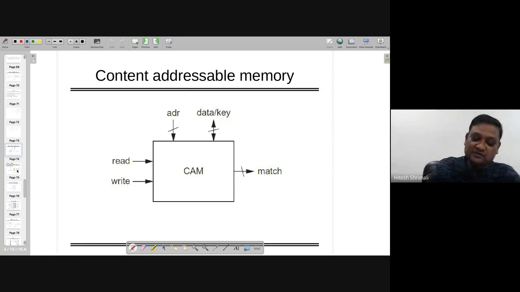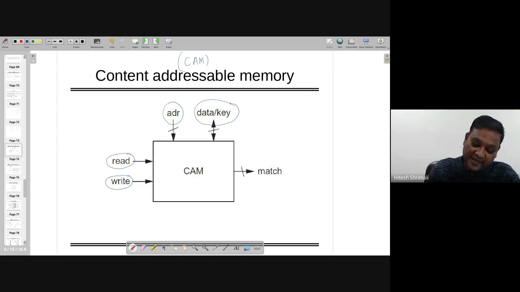So content addressable memory, which is abbreviated as CAM, has the following things. Looking at the hierarchy, you have the read signal when you want to read, and the write signal when you want to write, at a given address. So you can read and write at a given address, but here there is one more extra thing other than SRAM and DRAM: you are going to match the specified key, right?